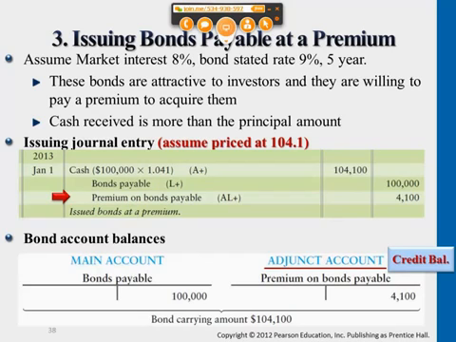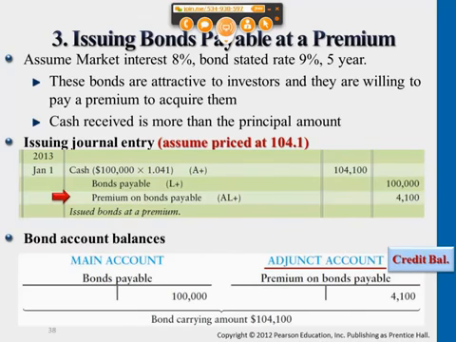Just like a discount, we would take care of this $4,100 later on. We will have to amortize it every half a year. Remember, when we issue a bond at a discount, it's additional interest expense that we're giving to creditors. Premium is the opposite of discount, and we think of this as an interest reserve.